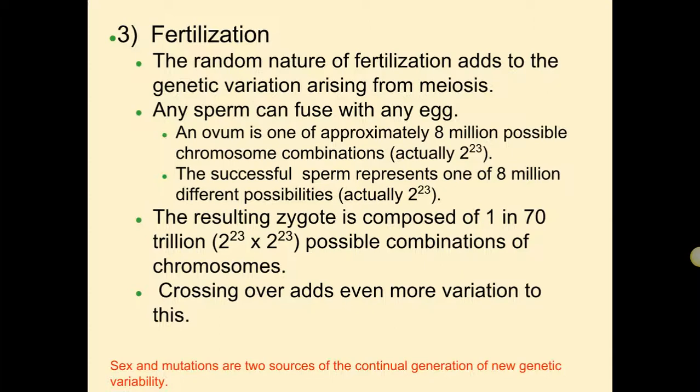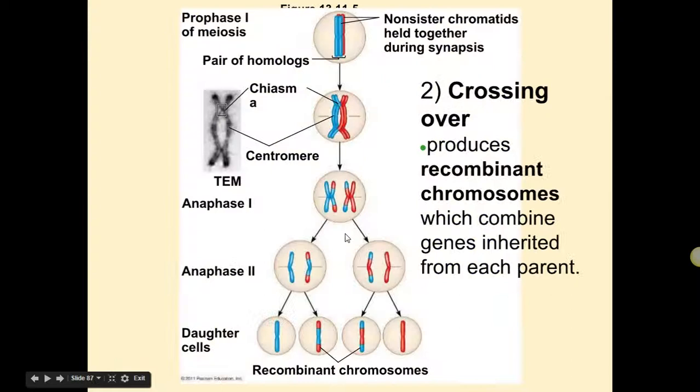So you have to multiply them together to give yourself all those possibilities. And that creates 1 in 70 trillion possible combinations of chromosomes, and that's a ridiculous amount of variation. And that's ignoring crossing over.